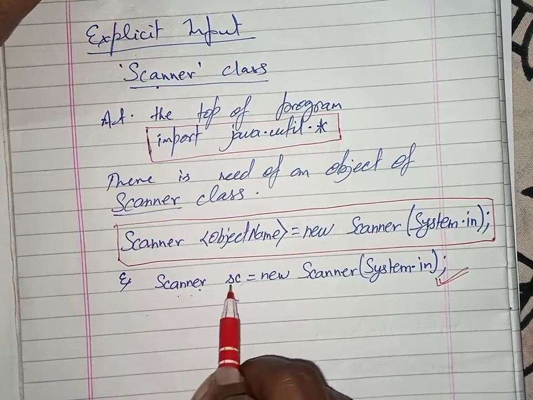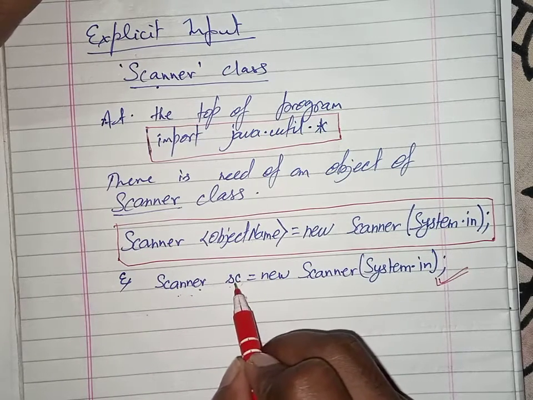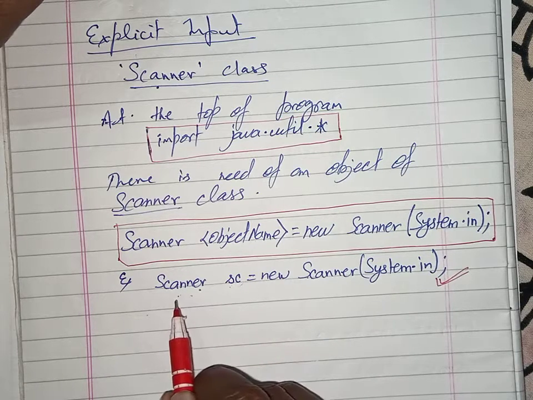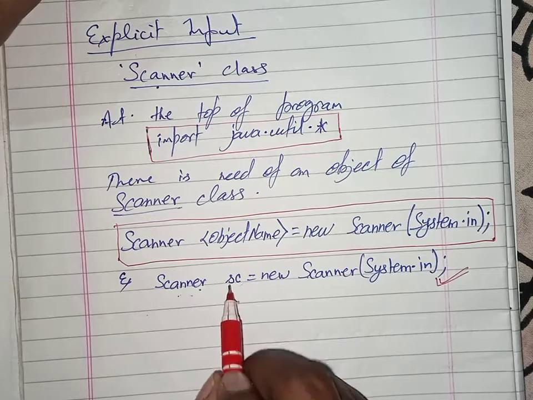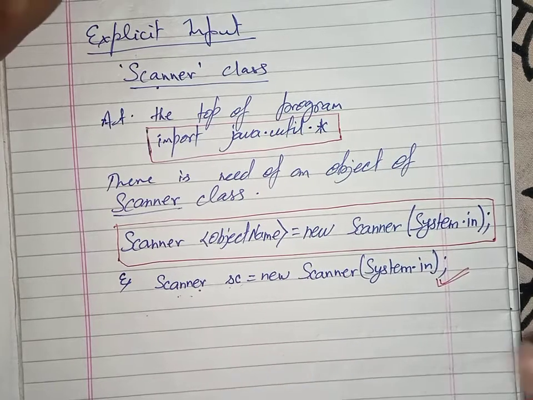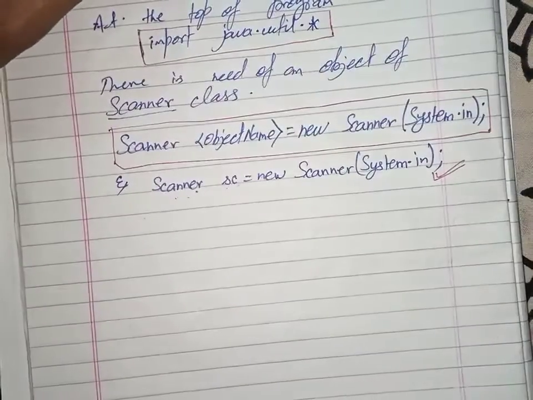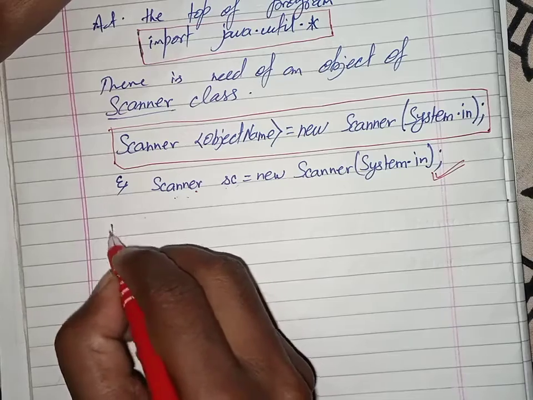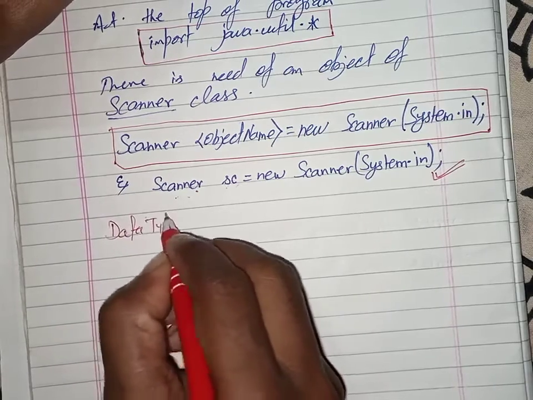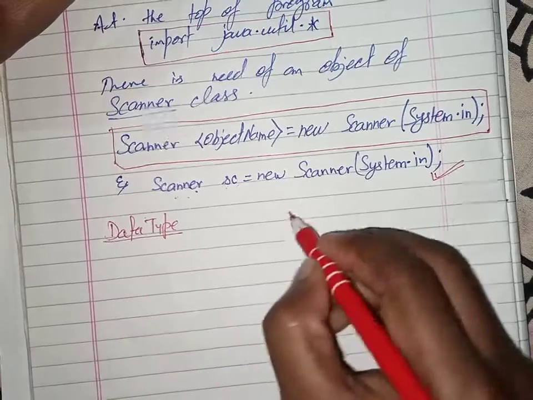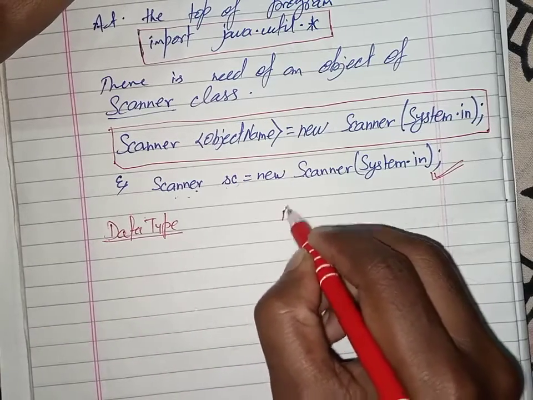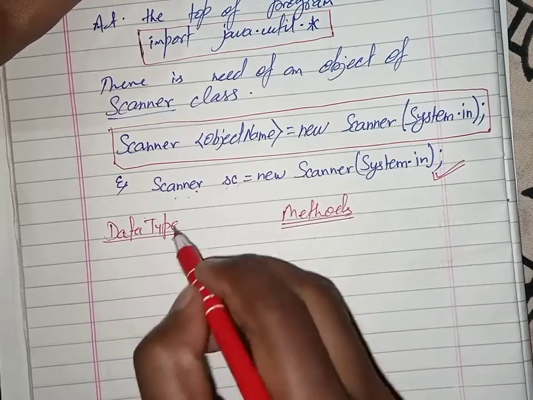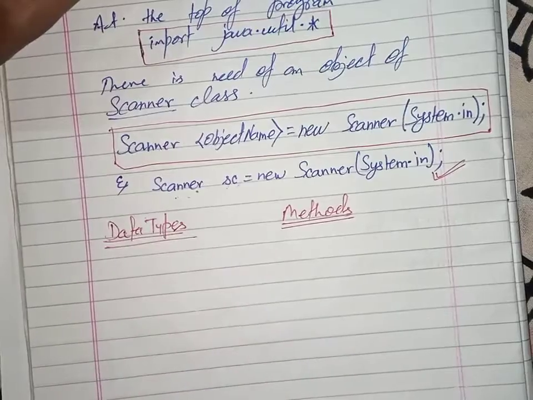Once we create an object of a Scanner class, we can perform different types of input operations using different types of input methods. What are they? Let me write the data types and the Scanner methods.